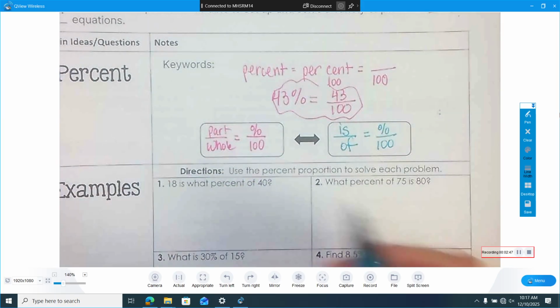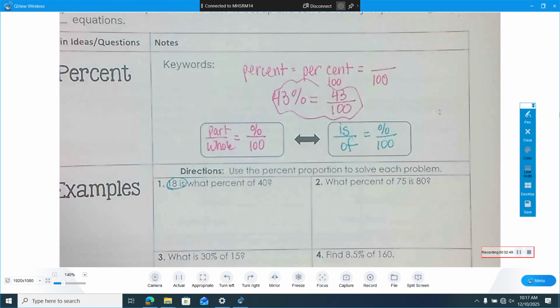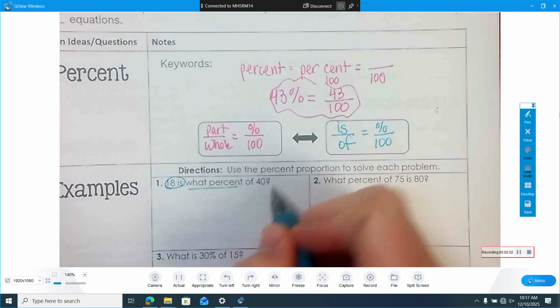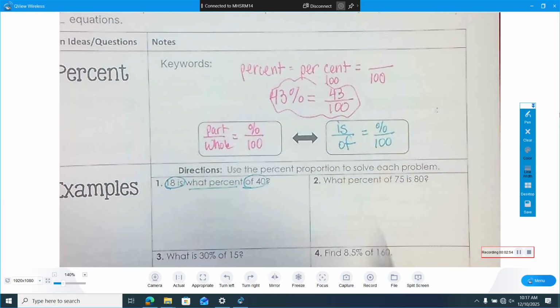It says, 18 is what percent of 40? You'll notice I'm circling some key words for you.